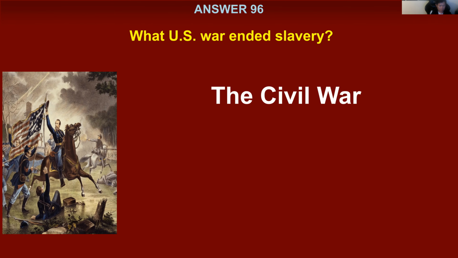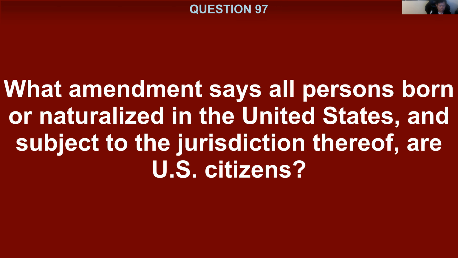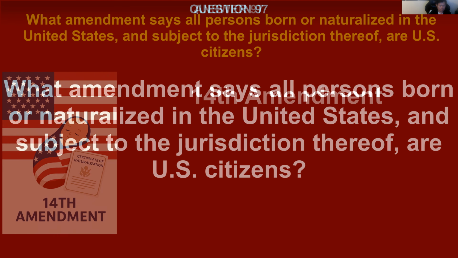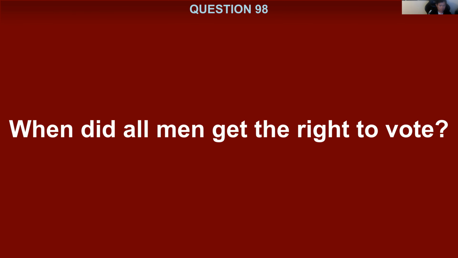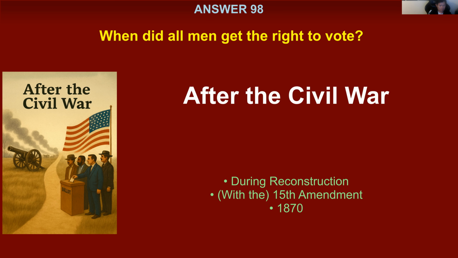The Civil War. What amendment says all persons born or naturalized in the United States, and subject to the jurisdiction thereof, are U.S. citizens? 14th Amendment. When did all men get the right to vote? After the Civil War.